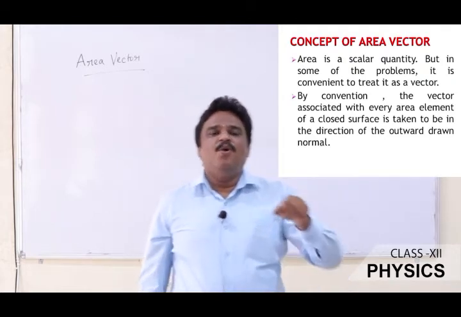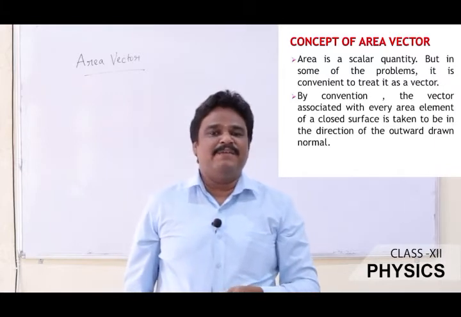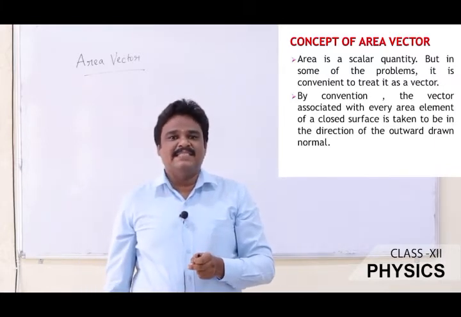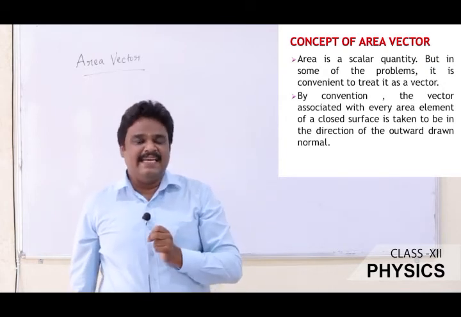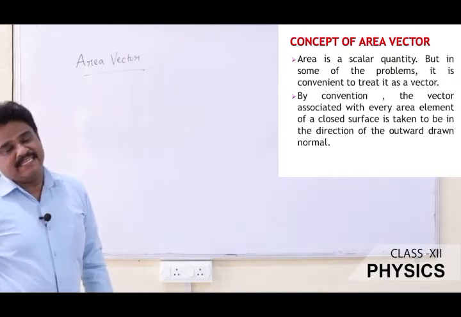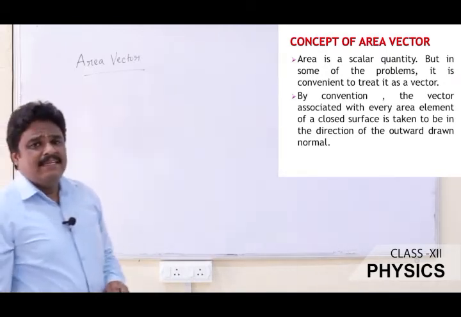If I hold the ring parallel to the flow, the amount of water flowing will be minimum. So ultimately, the orientation of the surface is a must in such cases, and that is the need for area to be treated as a vector. Now, how do we give some direction to a closed surface?